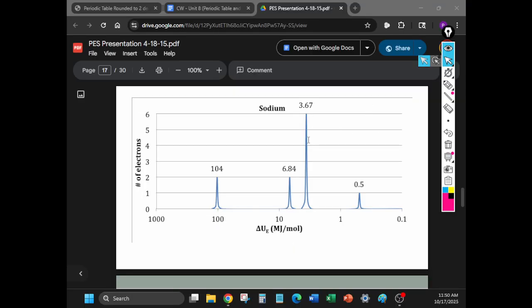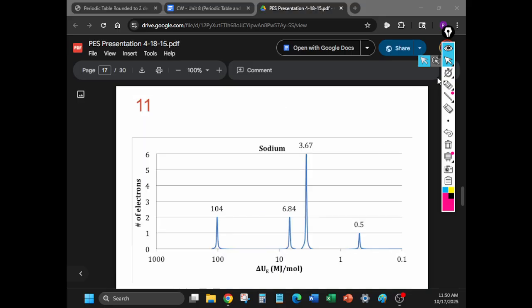If you want to jot it down in your notes, here is what PES tells you. It gives you a peak for each subshell. That's the first thing. The peak height is correlated to the number of electrons that are in that subshell.